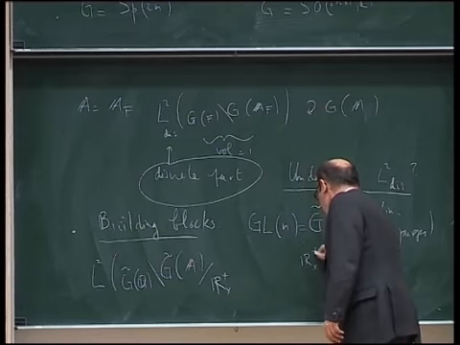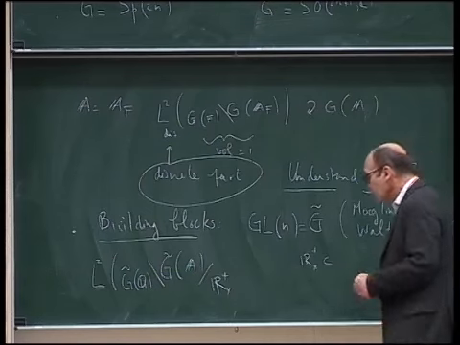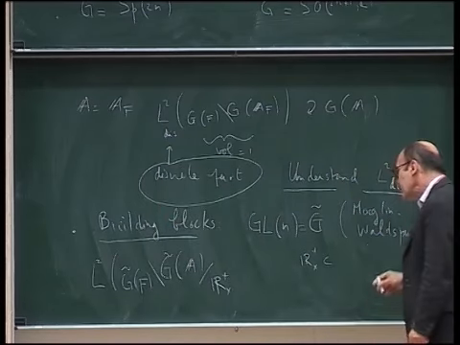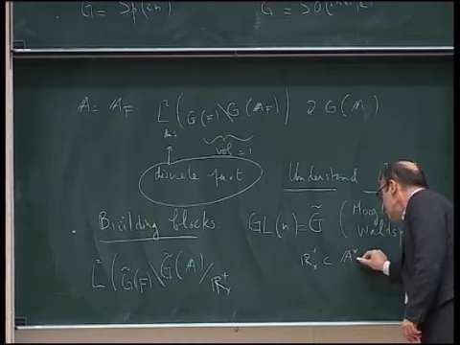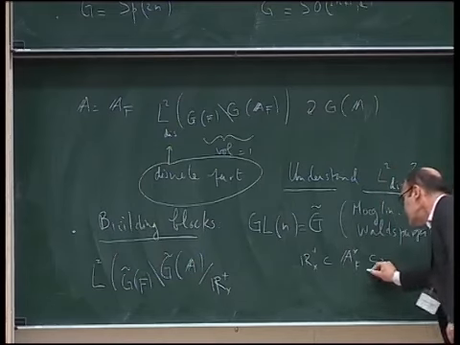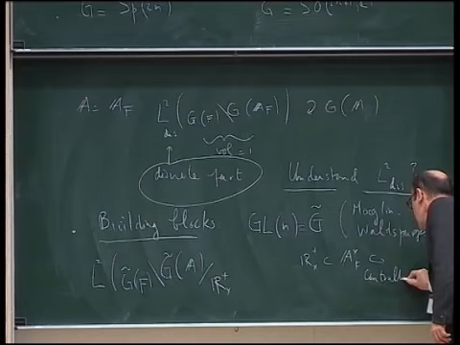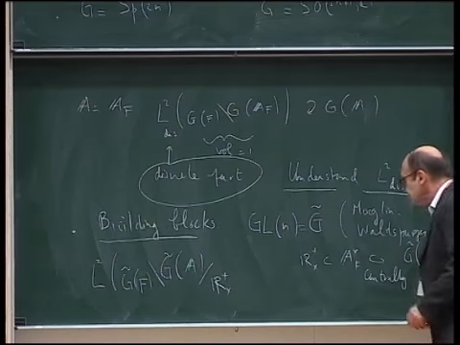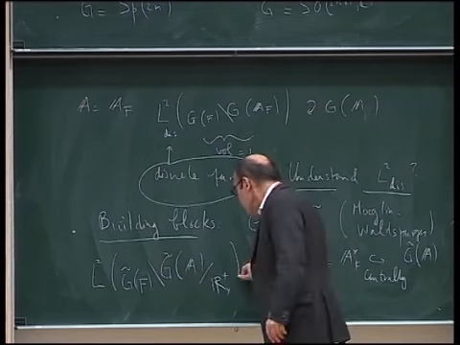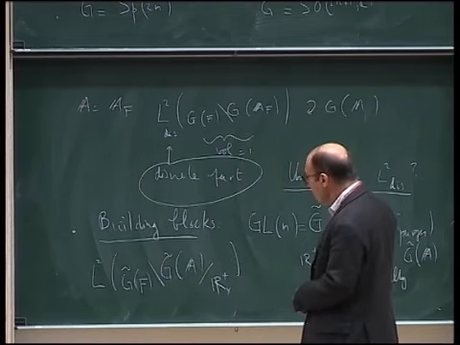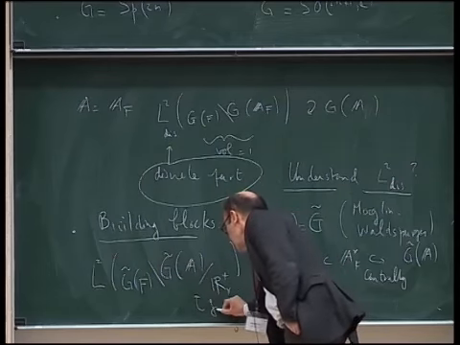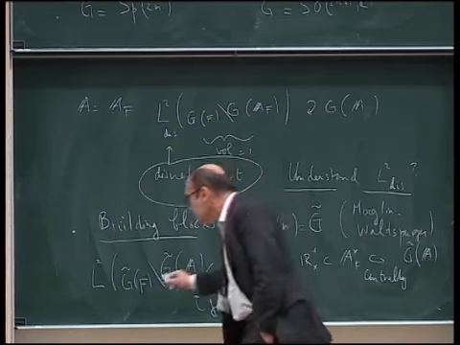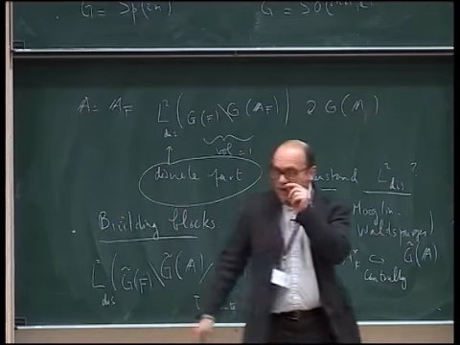R star plus is contained in, sorry, this is F, this is contained in the adeles, and this is centrally contained in G tilde of A. Okay, the whole point is to make this a space of finite volume. And then it makes sense to look at the discrete spectrum.